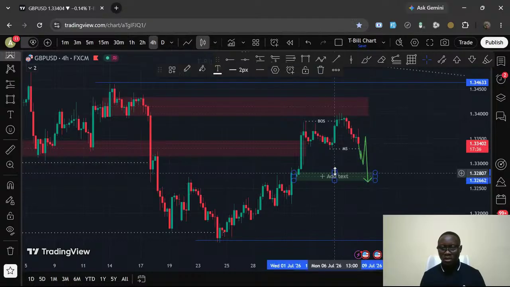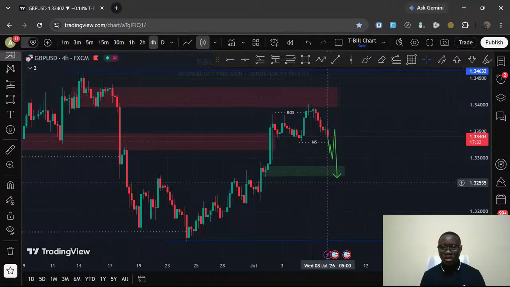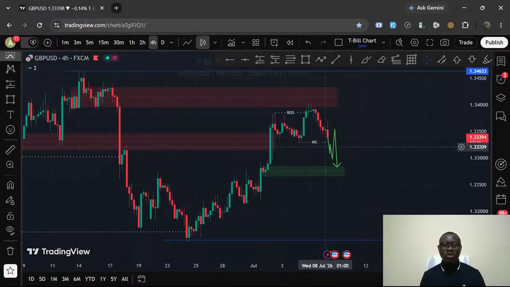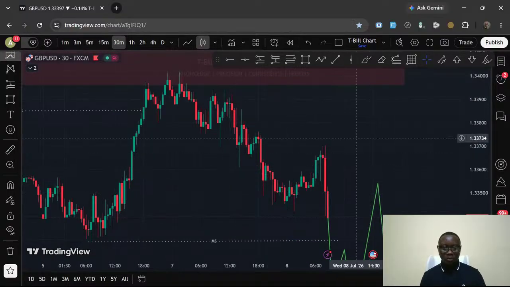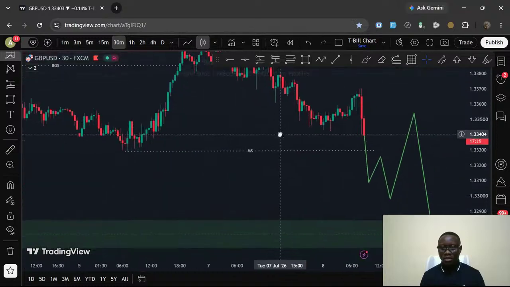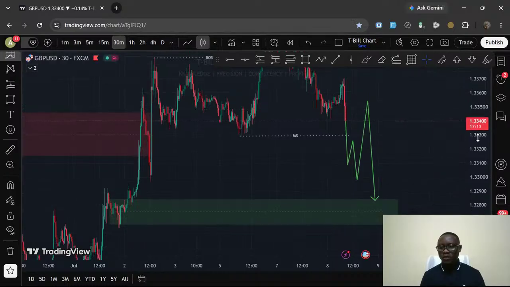So we should also pay attention to this. For that reason, if you're selling, we would want to take our TP at this price level right here. Don't be too ambitious with your take profits.